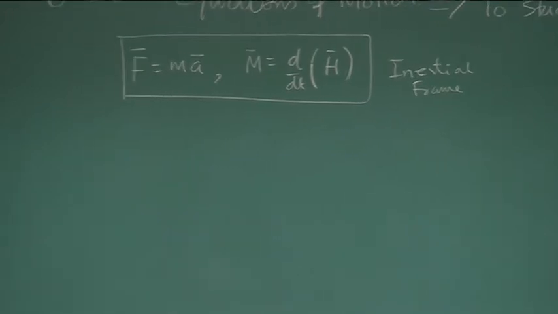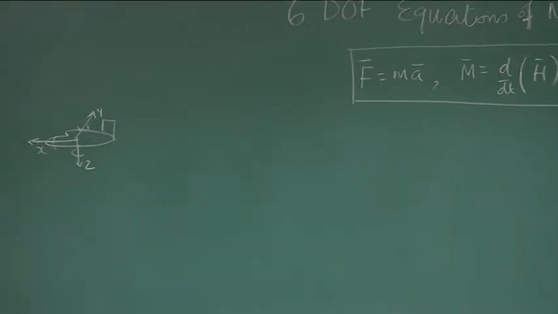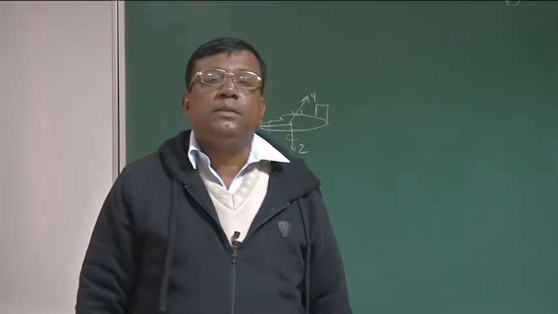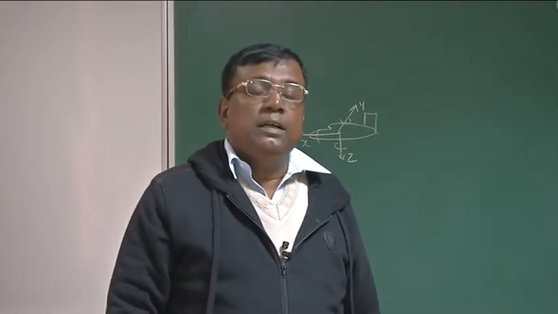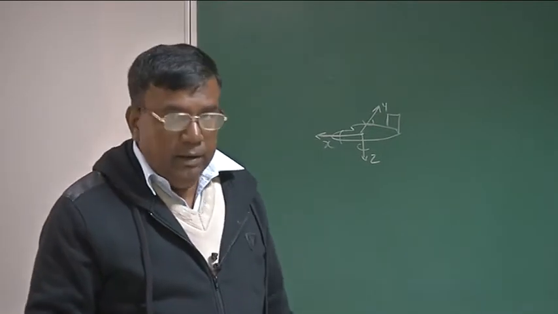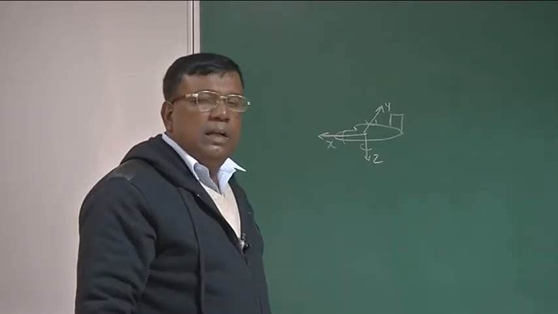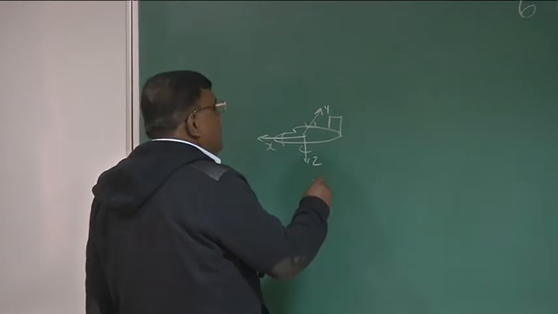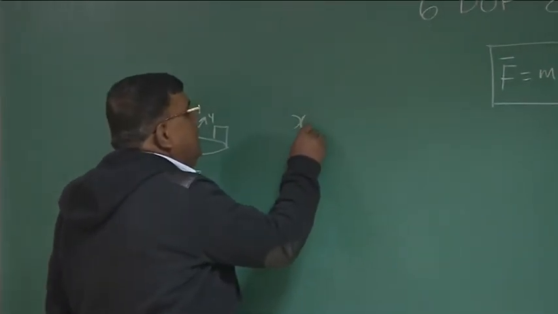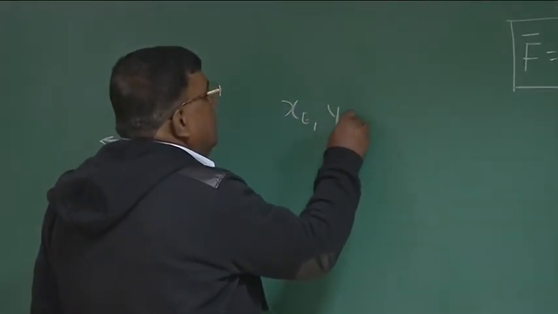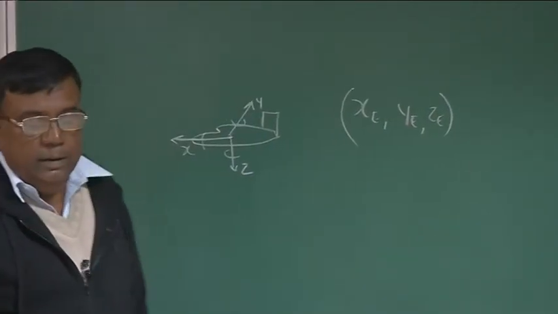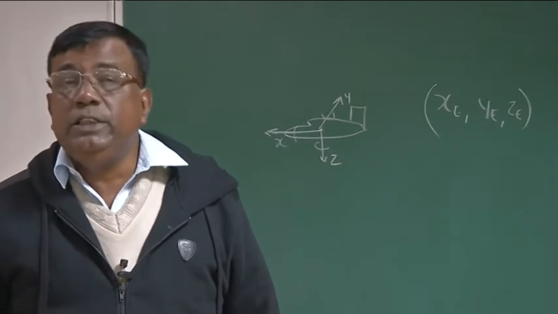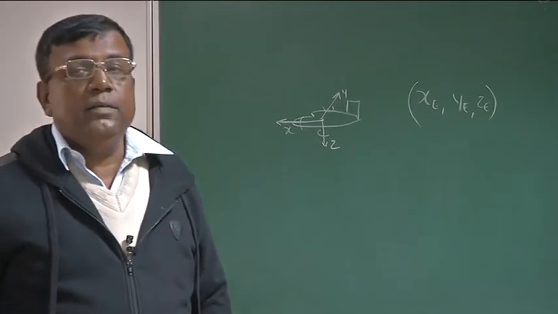For our purpose, we have assumed the earth fixed axis system as our inertial frame, because we are neglecting the rotation of earth. So for an aircraft, this is a good enough assumption. Let me say that xe, ye, ze is the earth fixed axis system, which for us is the inertial frame of reference.